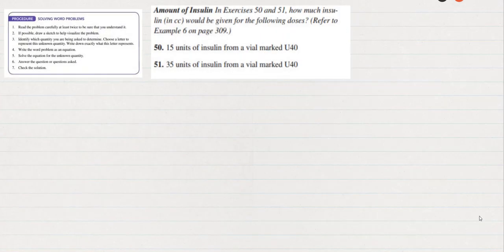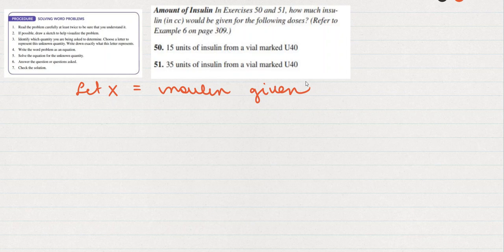We could do this again with insulin, following the same steps. How much insulin would be given? Let x equal the insulin given. How much insulin would be given for the following doses?